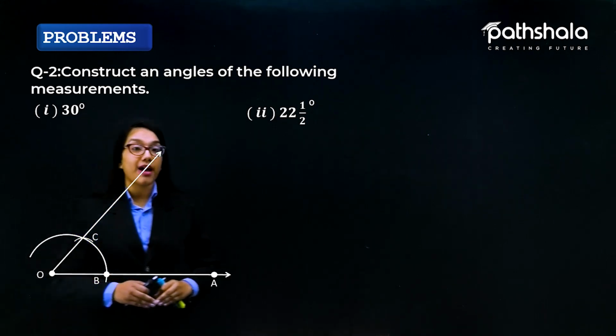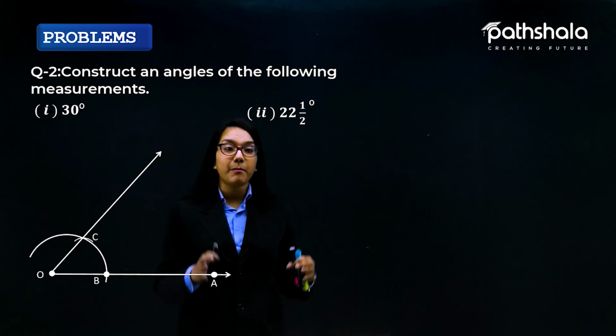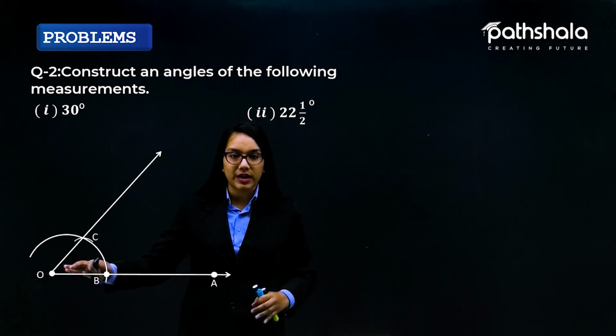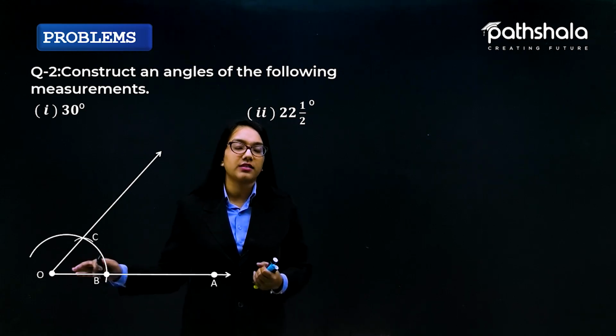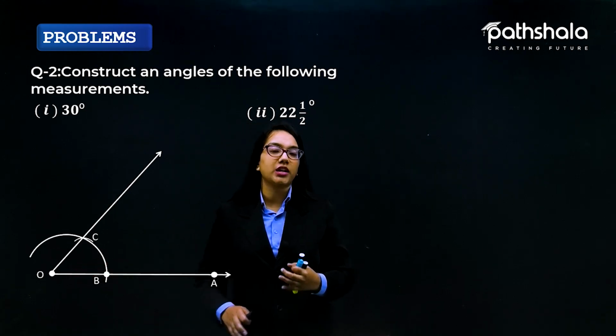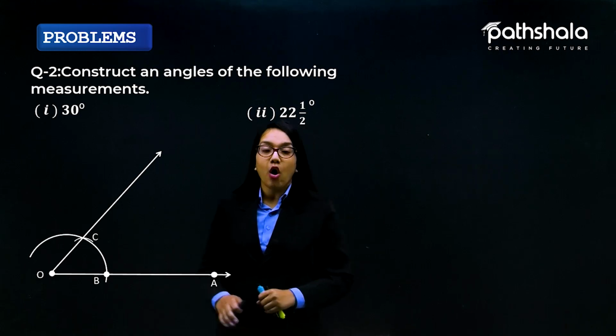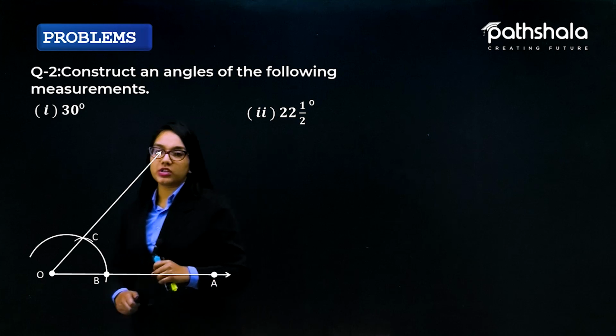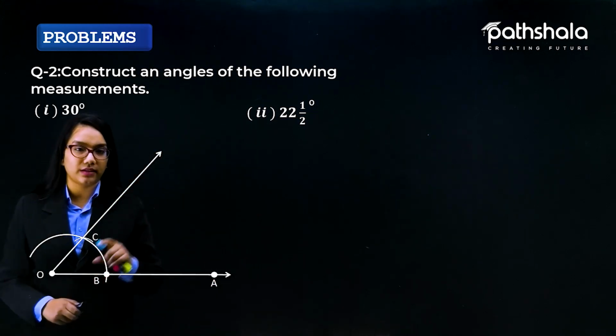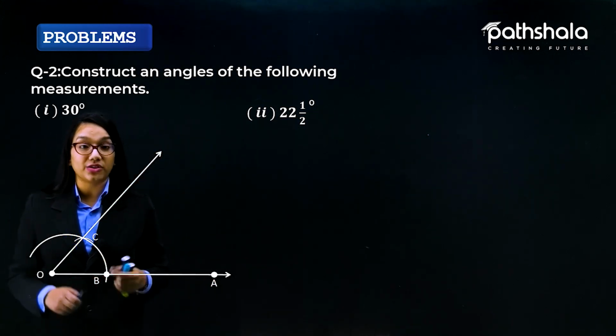So it means that if we construct the angle bisector of this 60 degree angle, then that would be our answer, that is 30 degrees. So let's start constructing the angle bisector of this angle. We know how we can construct it.